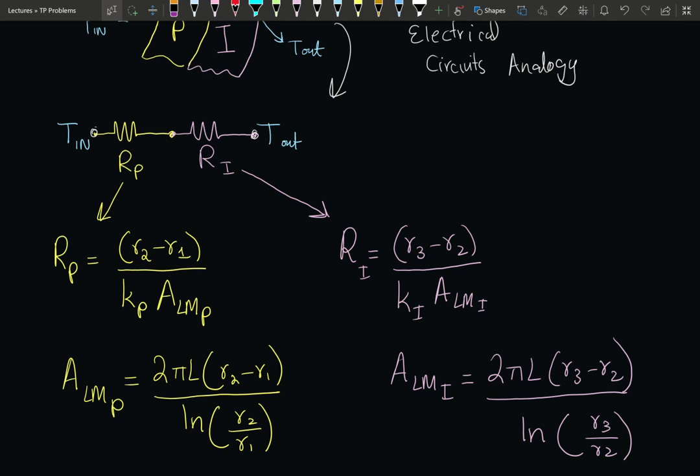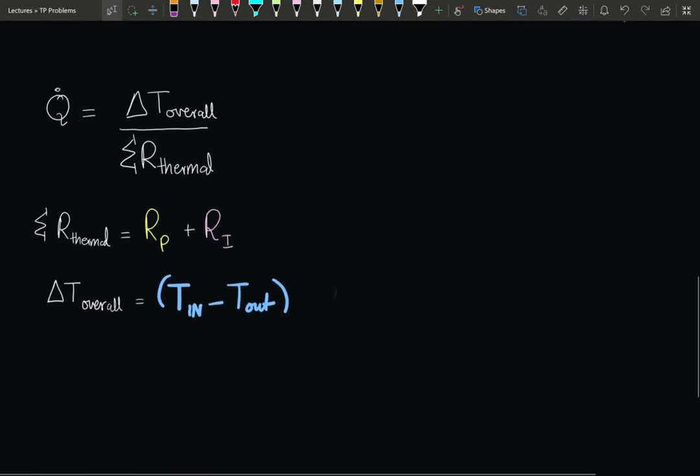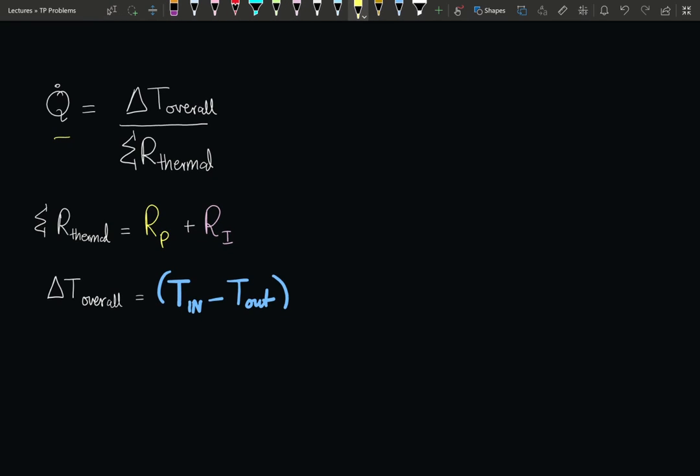Now let's combine all of this. We know that the overall heat transfer rate is going to be equal to the overall temperature difference, overall delta T, divided by the summation of all the thermal resistances.